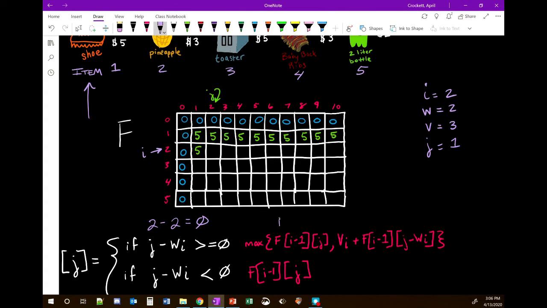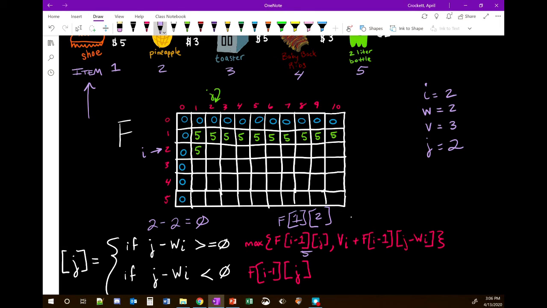What is the first one? It's i, which is 2 minus 1, so f sub 1 sub 2, which is equal to 5.